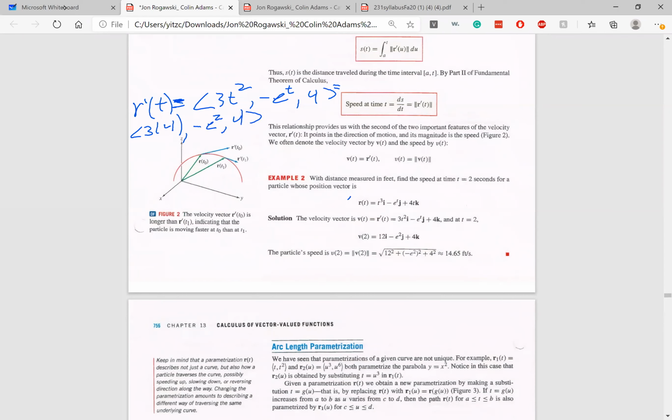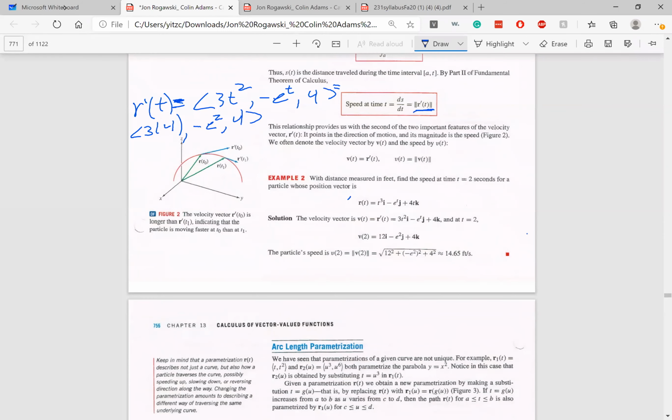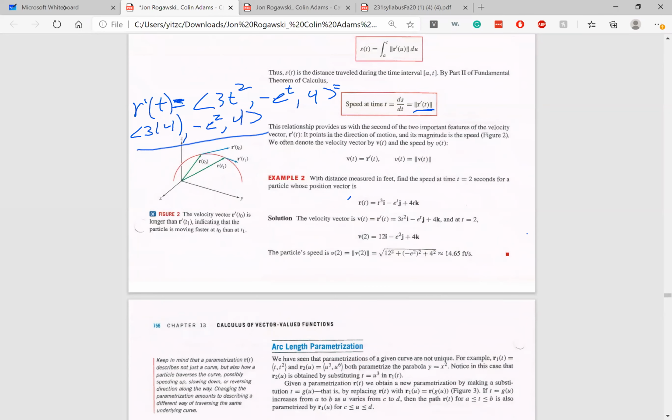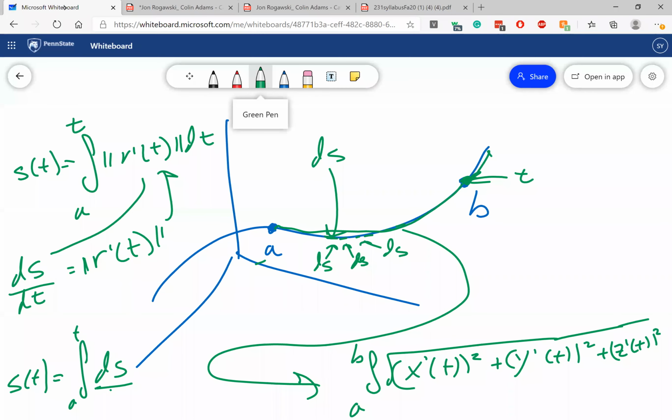Now in order to find the velocity, you need to look at the magnitude of this vector, the derivative, which makes sense. If you are a particle and you want to find the velocity of the particle at this point, you can definitely look at the tangent vector, which would be the vector r prime at that point 2, in our case.